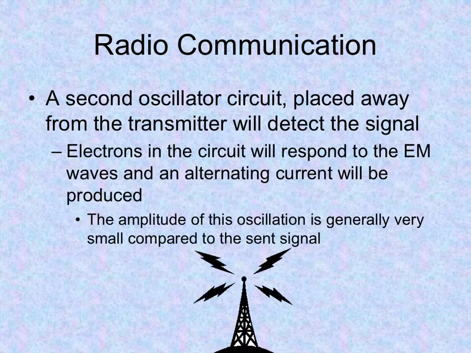But then, at the other end of this, you have to have something to receive that signal. And the thing at the other end is almost like the receiver. You have another antenna. Here's our other antenna. And it has electrons in it.